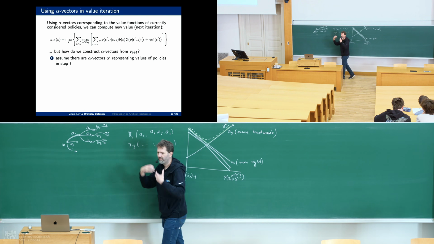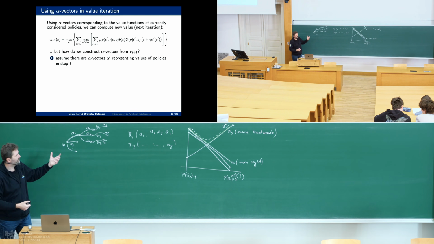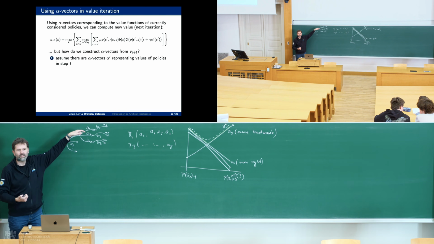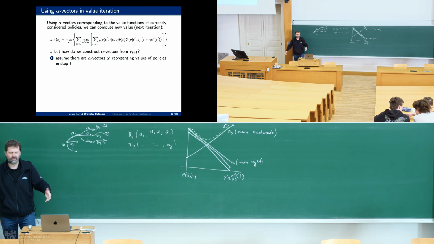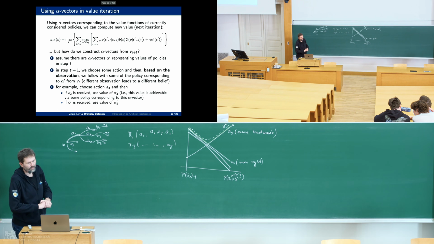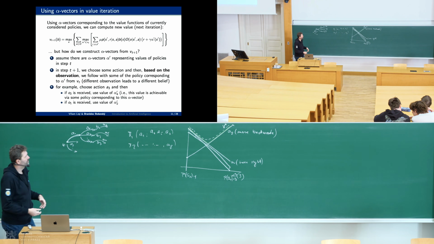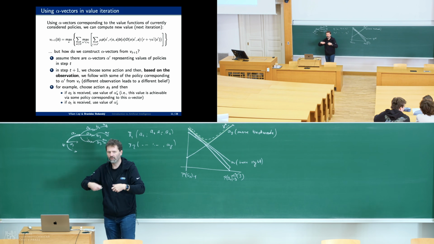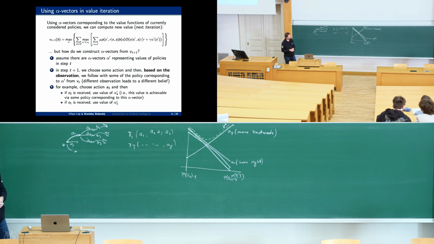So I will create more and more of these alpha vectors, and again, this is thanks to the fact that this is finite and this is finite. So we have many, many possibilities, but we can enumerate them. This is how we can construct new alpha vectors, and how we can iteratively add new and new linear functions that more and more closely approximate the value function V star that we are looking for.